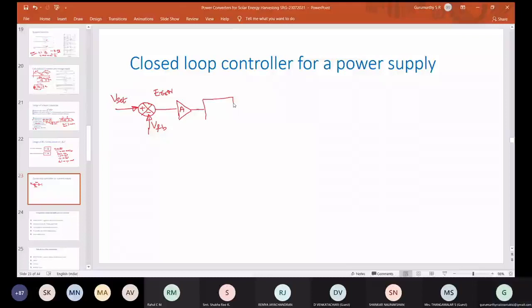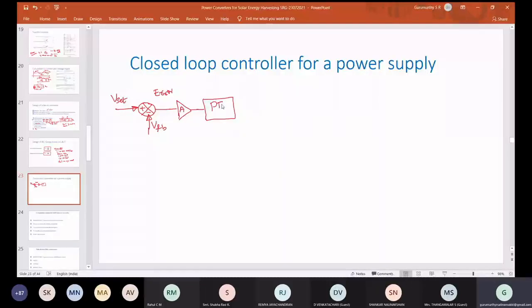To match the load time constant, the controller may be working very fast, and the load may be working very slow. If you have to match these two things, then you have to have a controller, and generally we use a PI controller, proportional integral controller. They have their own advantages and disadvantages.